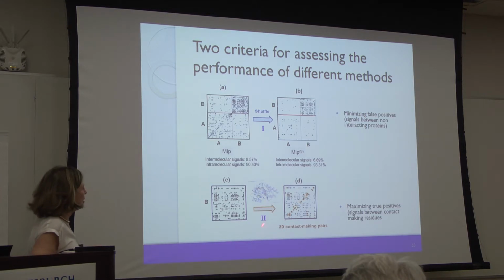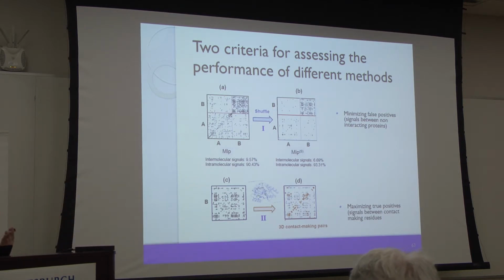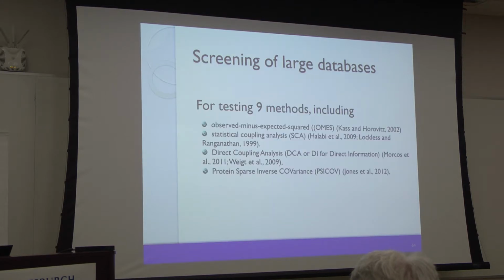So we wanted a method that maximizes this type. We call them true positives, although the others may not be false positives, but we call them true positives when they make contacts. So based on these two criteria, eliminating false positives and maximizing true positives, we tested 9 different methods.